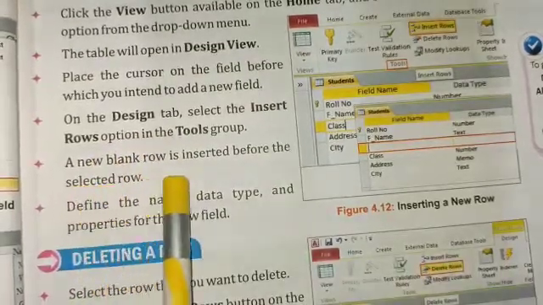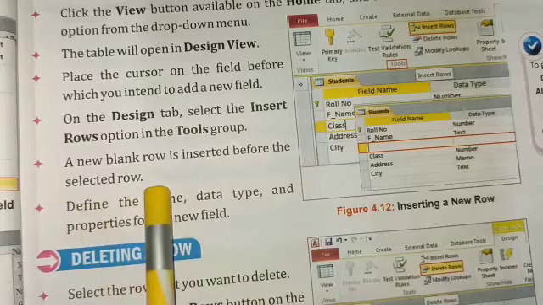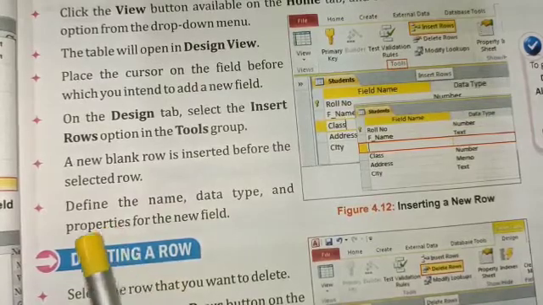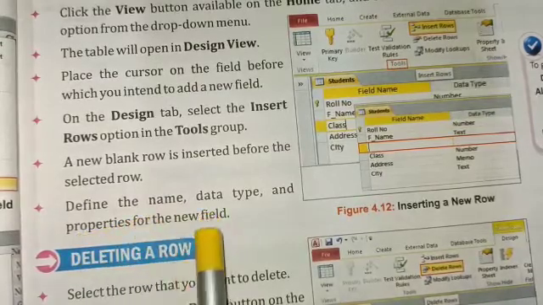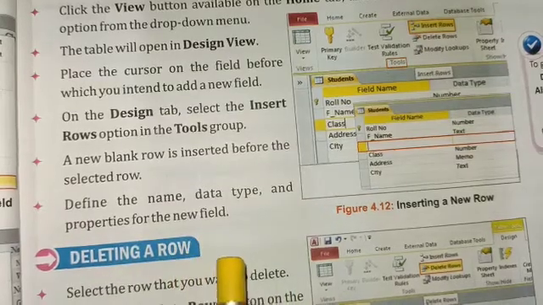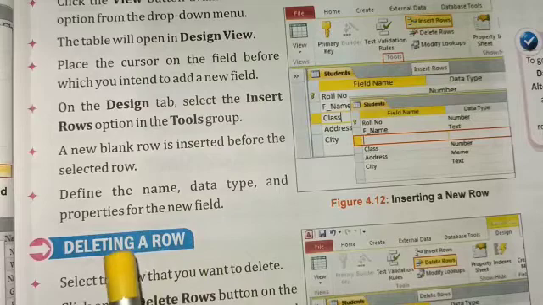A new blank row is inserted before the selected row. Define the name, data type and properties for the field.